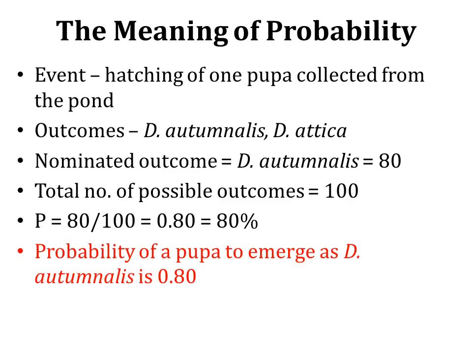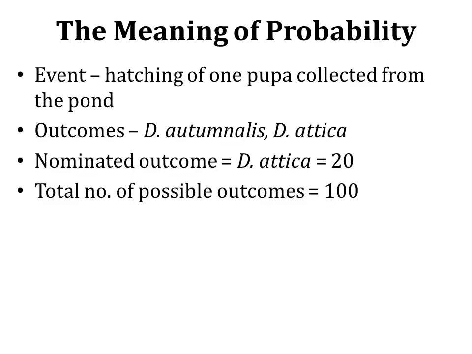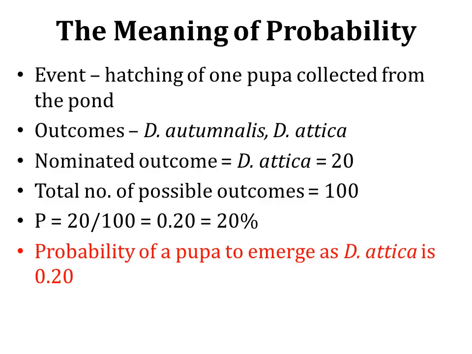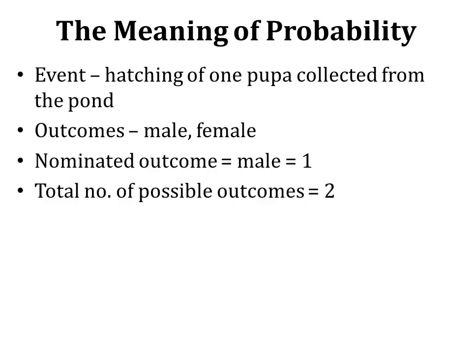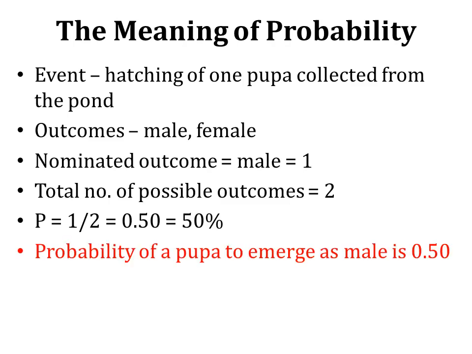The probability of a pupa to emerge as Dixella autumnalis is 0.8, and the probability to emerge as Dixella attica is 0.2. If the nominated outcome is male, then the total number of possible outcomes is 2. So the probability of a pupa to emerge as male is 0.5, and the probability of a pupa to emerge as female is also 0.5.